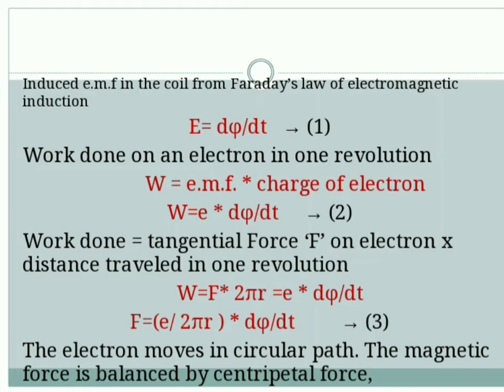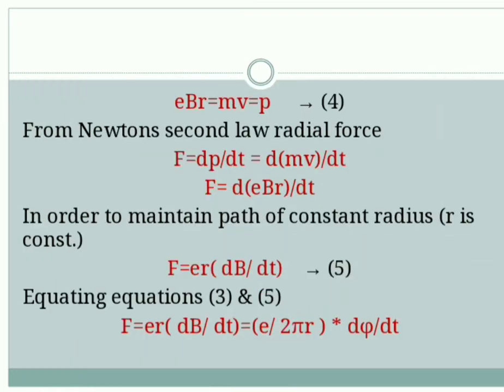The electron moves in a circular path. The magnetic force is balanced by the centripetal force. So eBr = mv. mv is nothing but the linear momentum, so it can also be represented by the letter p. From Newton's second law, radial force is written as F = dp/dt. So instead of p, it is substituted as mv.